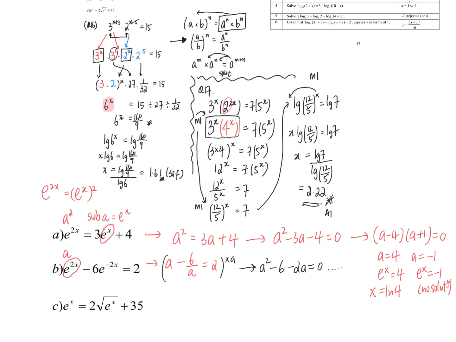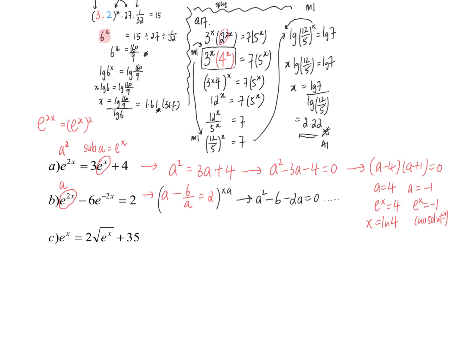What about part C? What should I let e to the power of x be? Then this one will be A, this one will be square root of A. I don't like square root A for a quadratic. Turn it into the power.